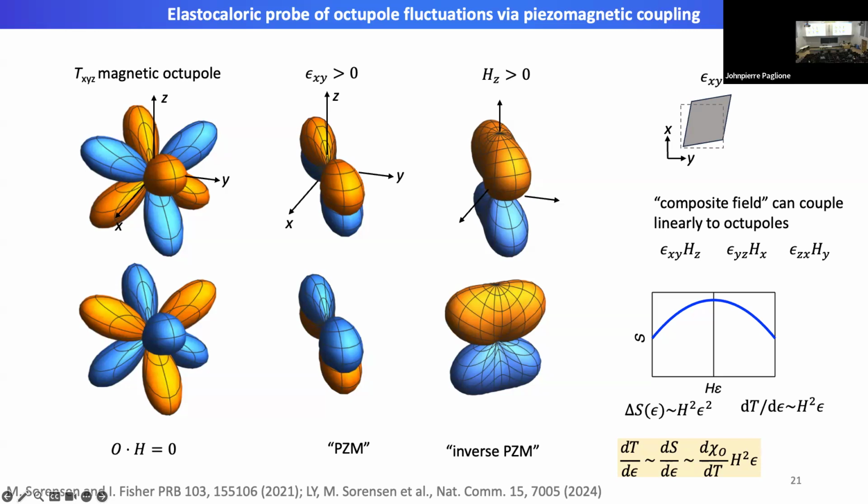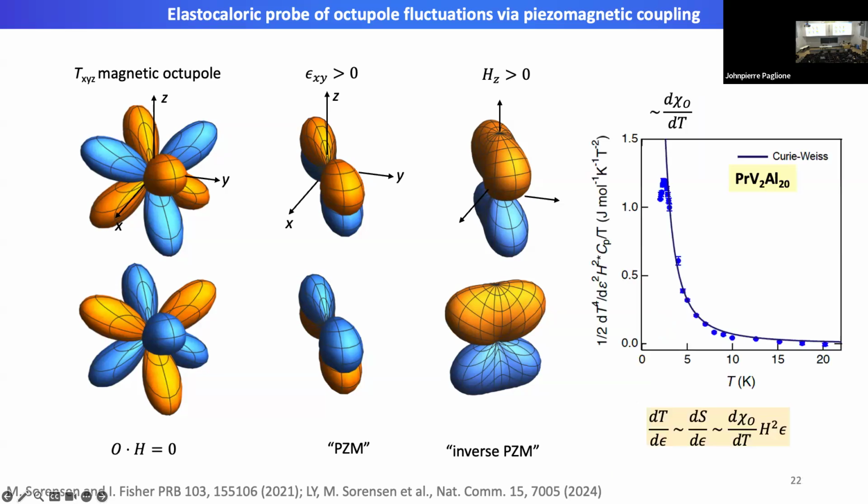So in principle, if the octopolar degrees of freedom couple to this composite field of strain and magnetic field, we'll be able to probe them from the entropy perspective, and even in paraquadrupolar states where this octopolar moment does not order, we would expect to see an octopolar susceptibility response that has a specific field and strain dependence.